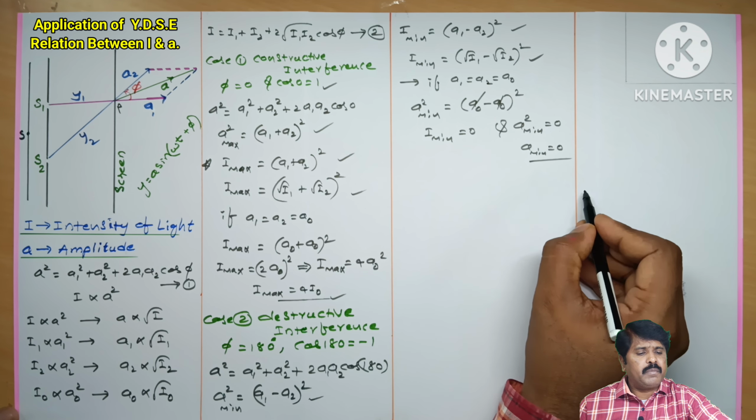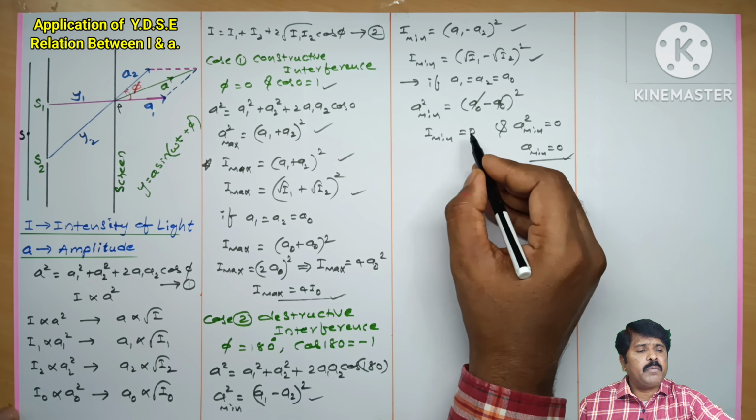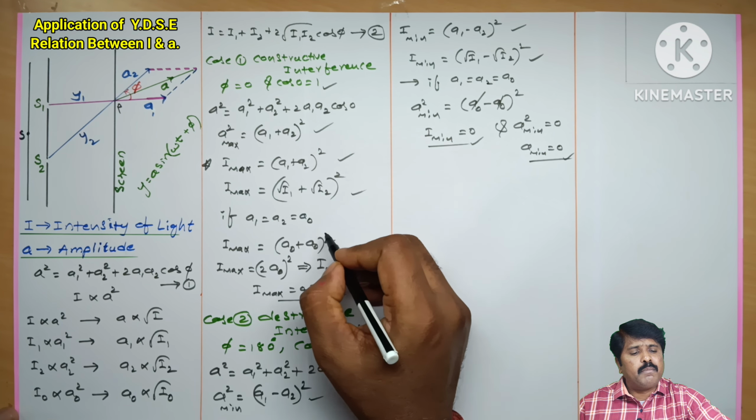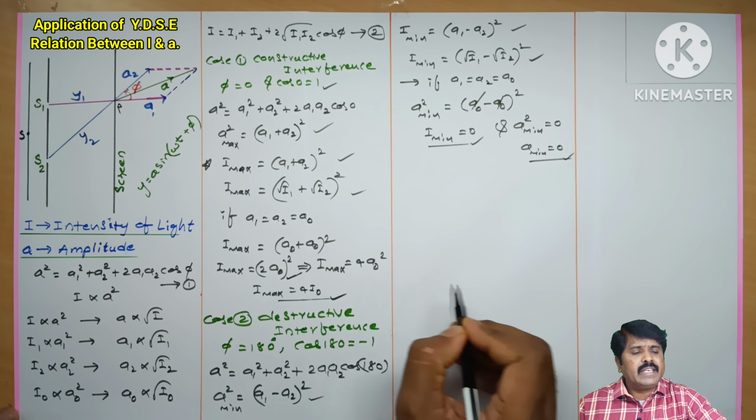This is clear information about destructive interference. Amplitude is minimum and intensity also minimum. For constructive interference, amplitude is maximum, so intensity is also maximum.